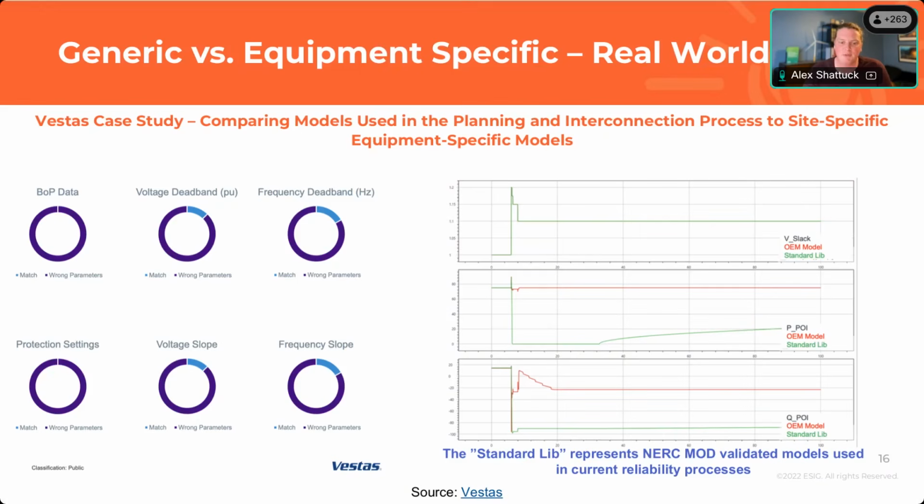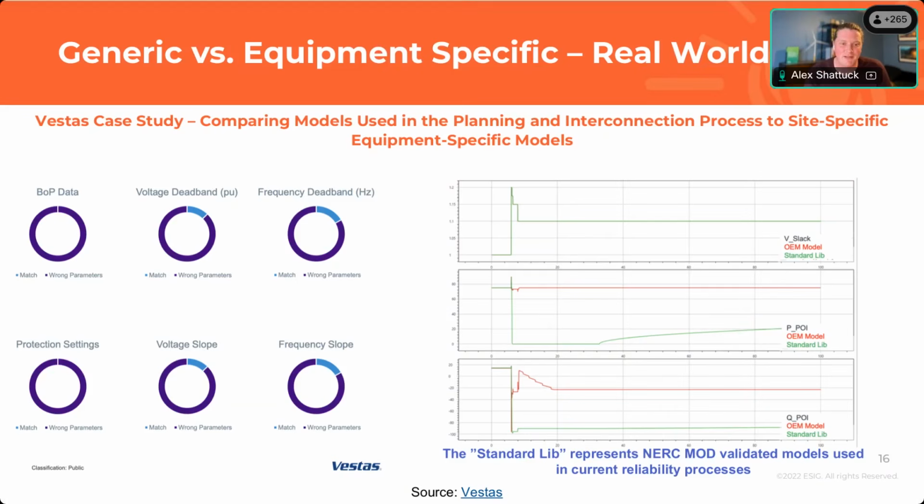And if you look at the response, this is in megawatts, but you'll see that for this high voltage ride through, the standard library model actually went all the way down to zero, basically tripped, and came back online about 30 seconds later, whereas the actual plant and the manufacturer model and code remained online and continued producing power, which is obviously a very different response.